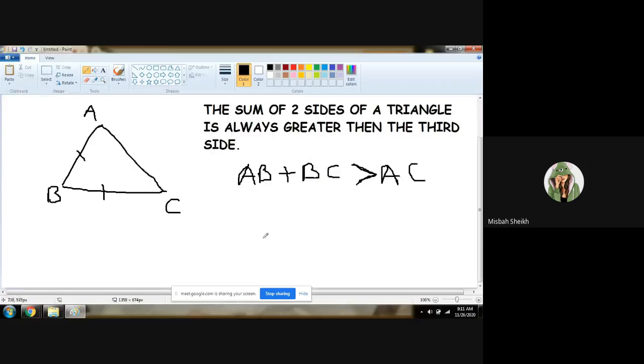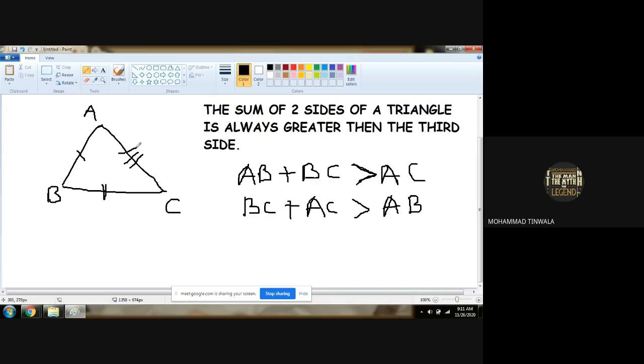Yes, sir. If for example these two sides are added, BC plus AC, should always be greater than AB. Understood?